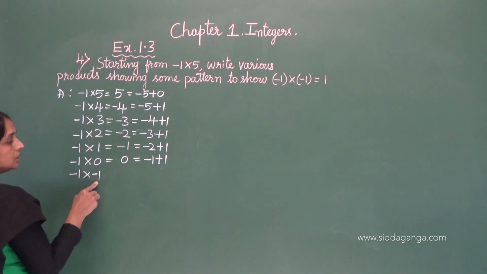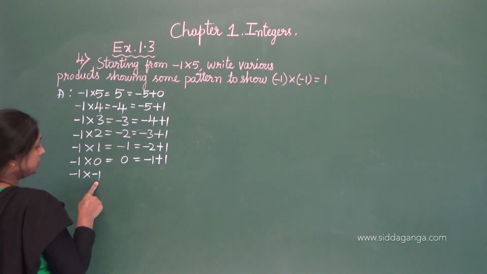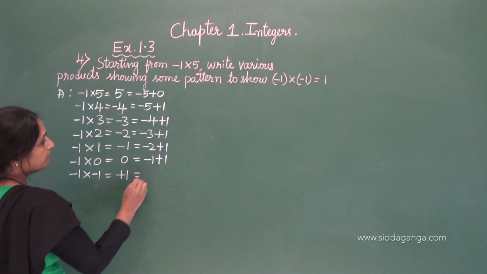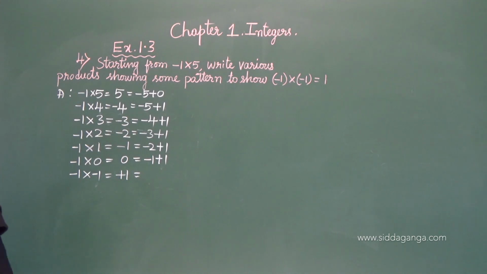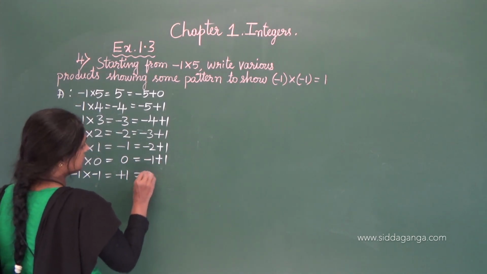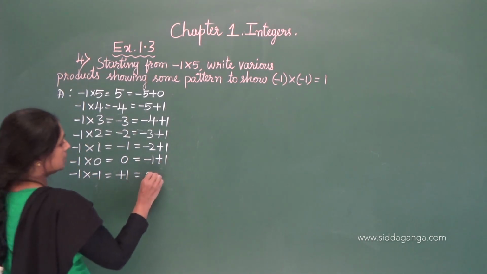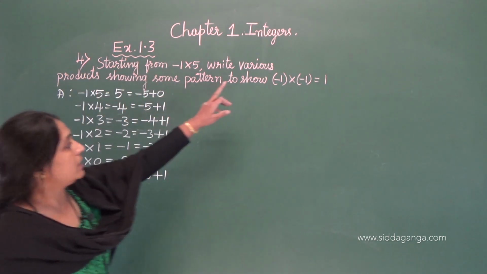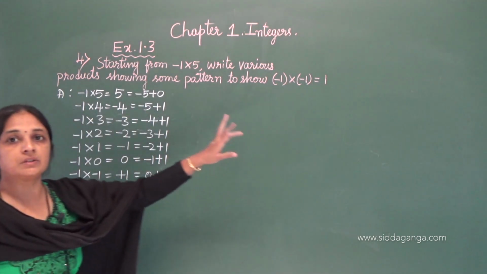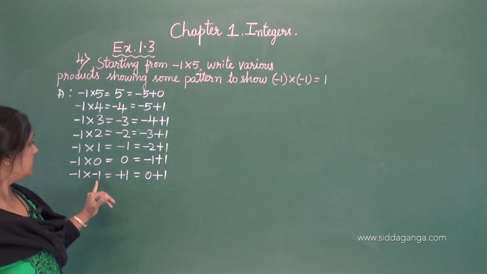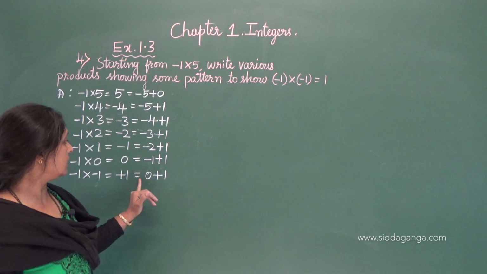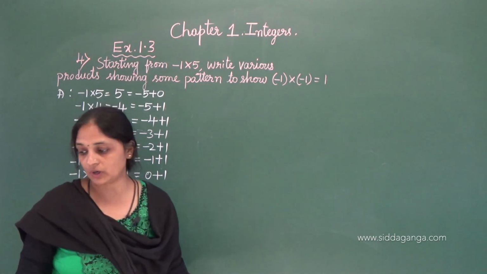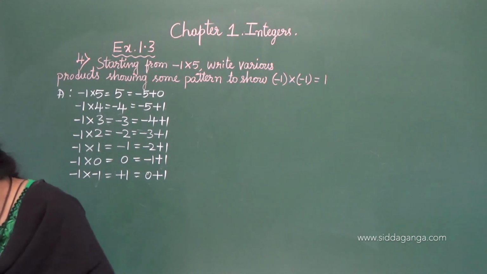So after 0 we write -1. Minus into minus is plus 1. Then +1 can be written as 0 plus 1. They given -1 into -1 that is equal to +1, that can be expressed as 0 plus 1. Okay, let's move to the fifth main.